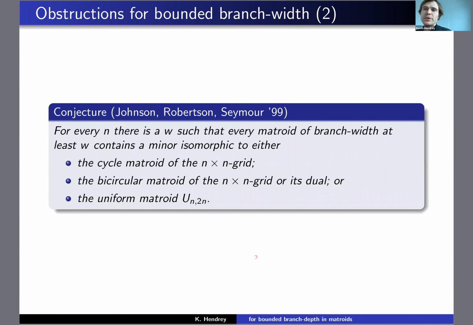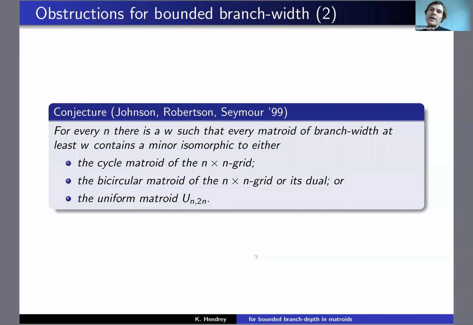But there's a broader conjecture which suggests a more complete characterization of what exactly forces a matroid to have high branch width. There are three possibilities.